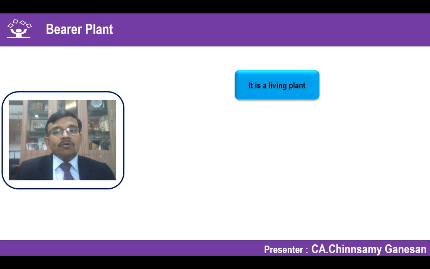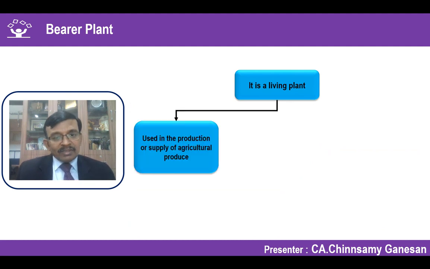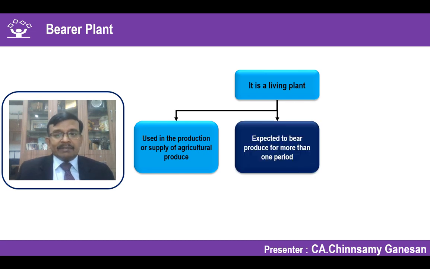Now, we will move on to what is a bearer plant. A bearer plant is a living plant used in the production or supply of agricultural produce, expected to bear the produce for more than one period.